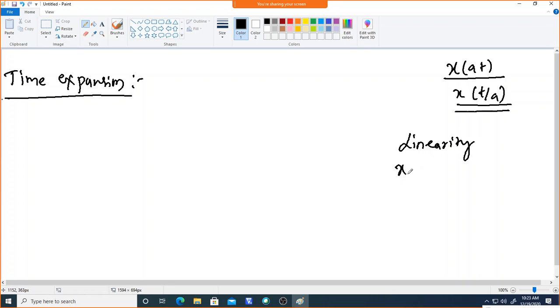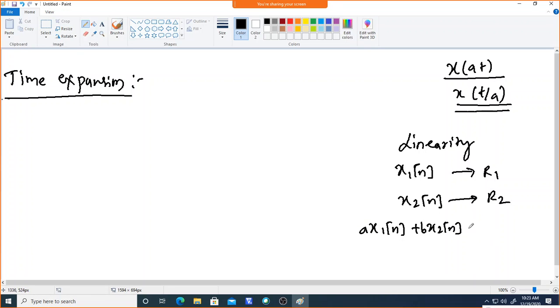So if we have x1 of n which has ROC r1, and x2 of n which has ROC r2, then the addition of the signals x1 of n plus x2 of n with the scaling factors, the corresponding Z transform which we have seen is a into x1 of z plus b into x2 of z.